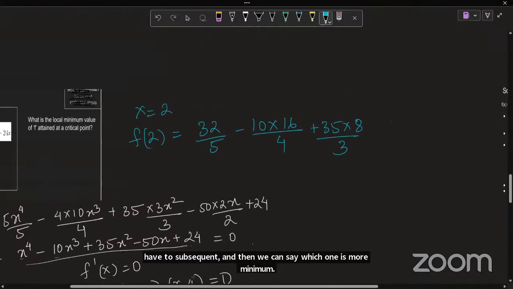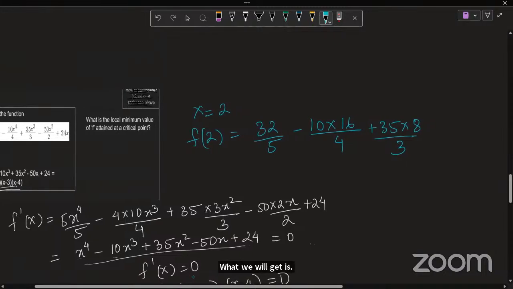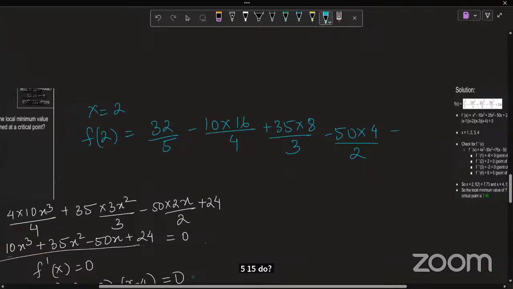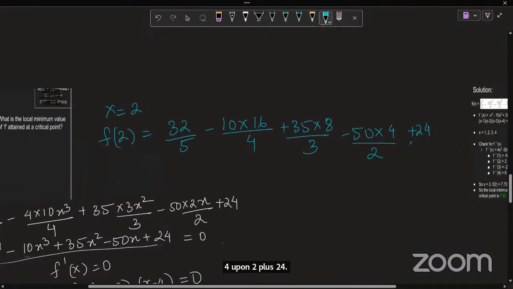Okay, let's check it. What will we get? It will be 550 into 4 upon 2 plus 24 into 2. If you calculate it, you will get the minimum value.